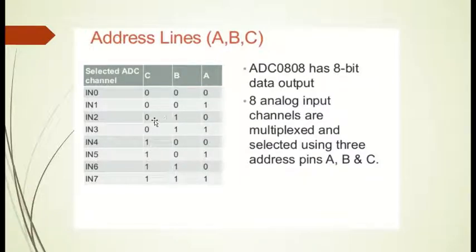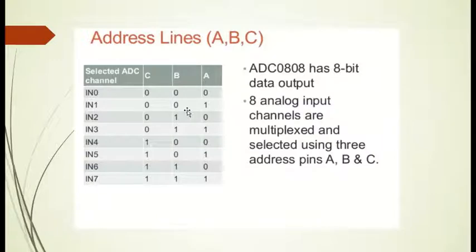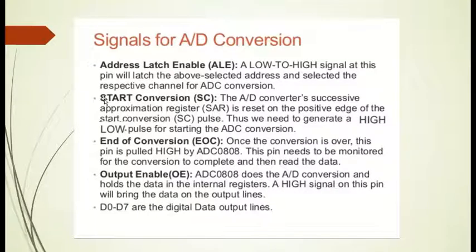If it contains the value 010, then IN2 will be selected, and the analog input received through this channel will be converted into digital output. So to select, we can use these address lines.